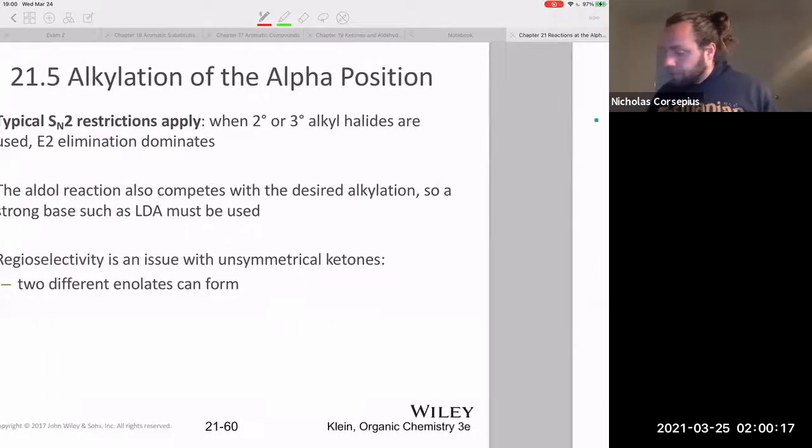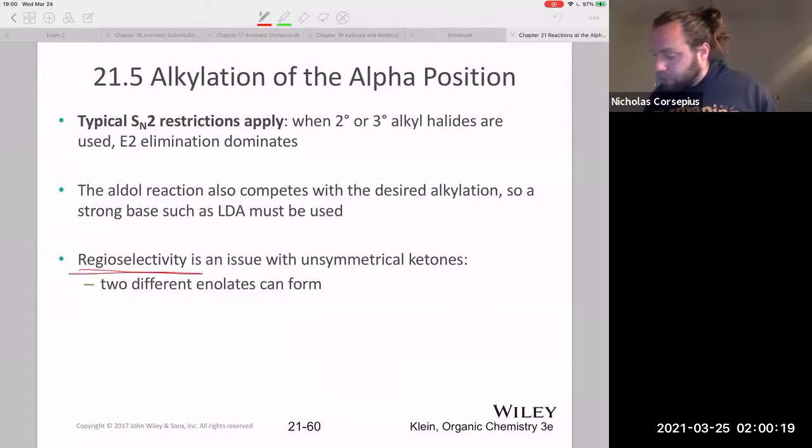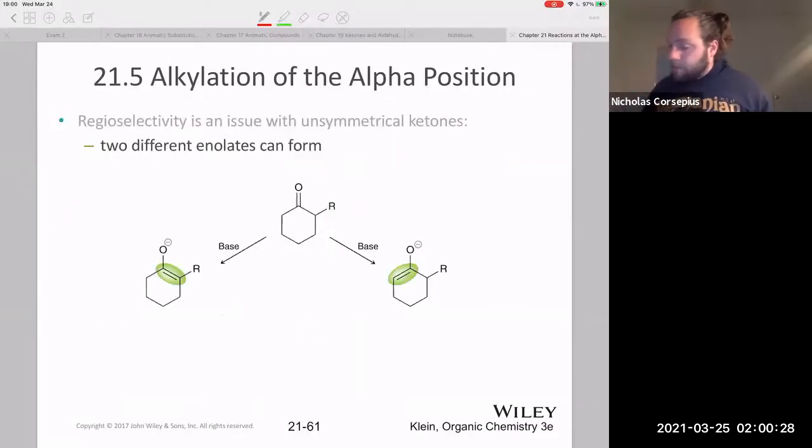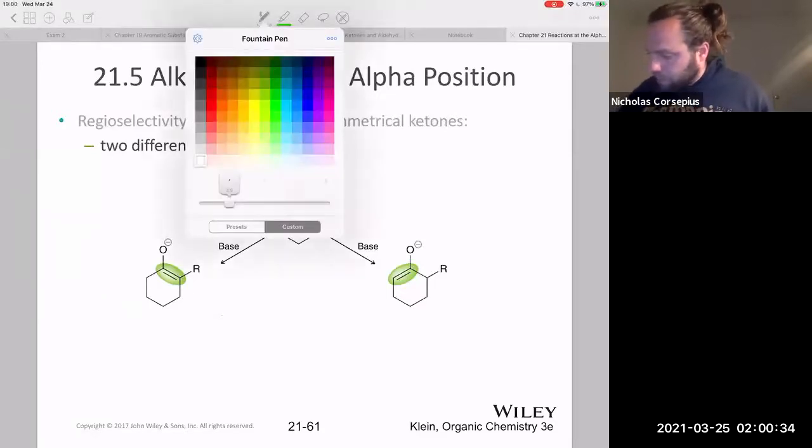But now let's talk about regioselectivity when we have an unsymmetric ketone, because that's actually going to be the meat of what's difficult about these alkylations. When we have an asymmetric ketone, for example, this one has this R group here. Let's just make it easy and make it a methyl group.